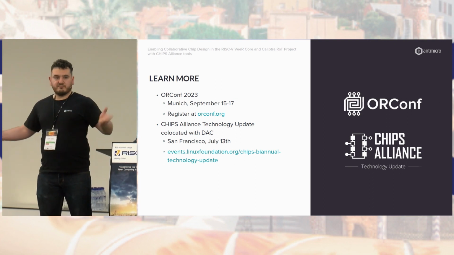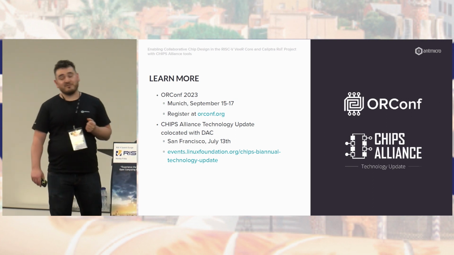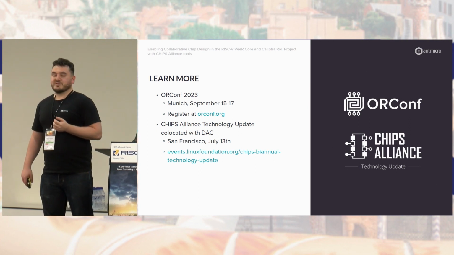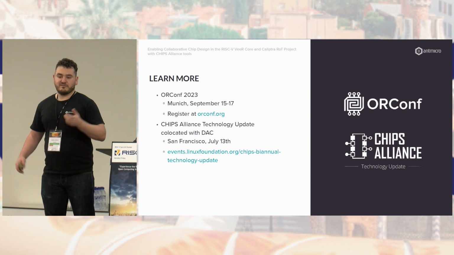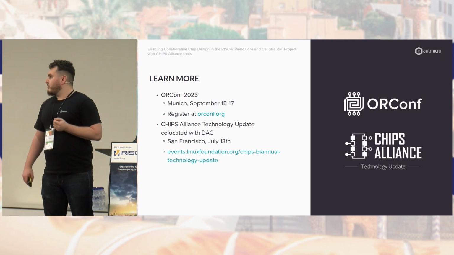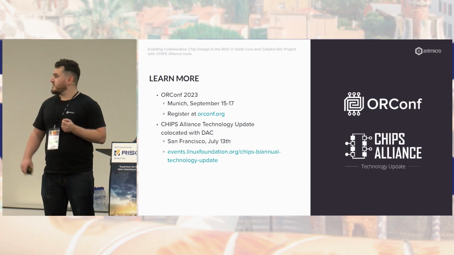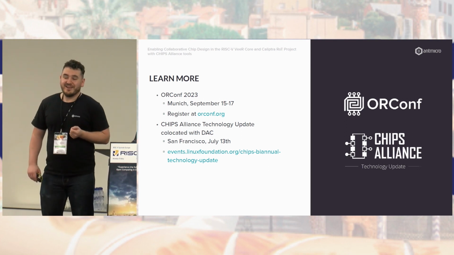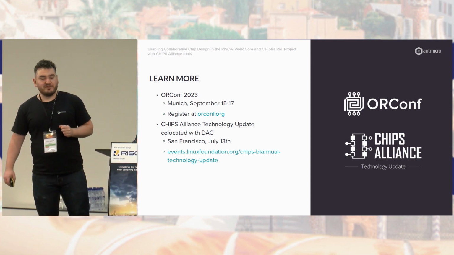It's a really big and really nice conference, focusing mostly on open source development in ASIC, FPGA, and all that stuff. It will be happening in Munich in September. You can probably find Stefan sitting there, who will be hosting this conference in Munich, and talk to him, or just register at ORConf.